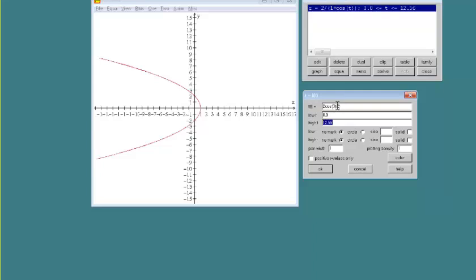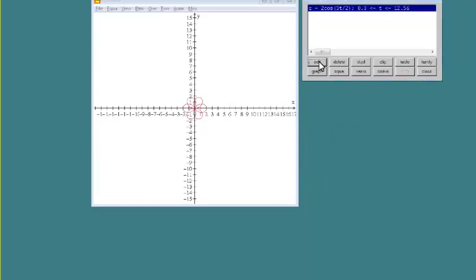Usually if you have 2t, you typically have... let's go back to these special polar graphs. Let's just give it a try and see what happens. Okay, so 3 theta over 2. There it is.